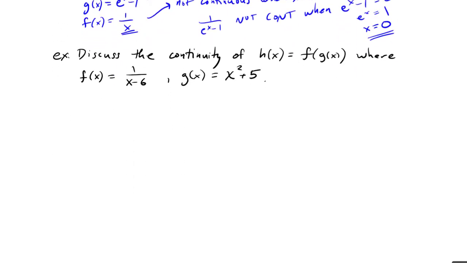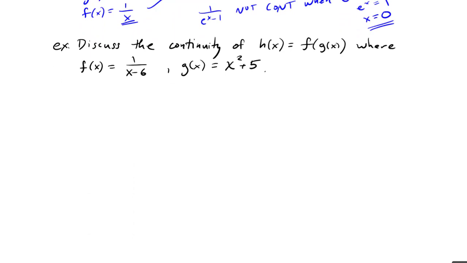Now, it can be a lot less clear sometimes if you are starting with the individual functions. So let's take a deeper look at a different one. Maybe it'll be clearer. If we want to look at f of g of x, and we have f of x as 1 over x minus 6 and g of x as x squared plus 5, now, we could put them together and take a look at the discontinuities, or we could do it sequentially.